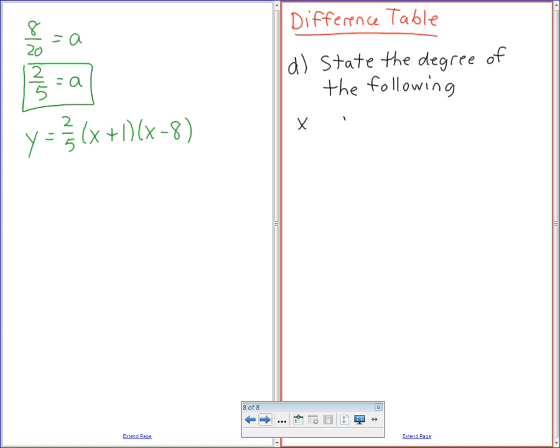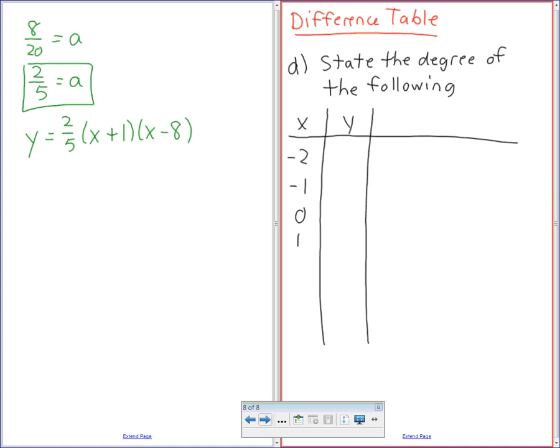We have x, we have y, and I want you to leave at least a little bit of room here. Okay, so I've given you some points there for that. Okay, it says state the degree of the following.